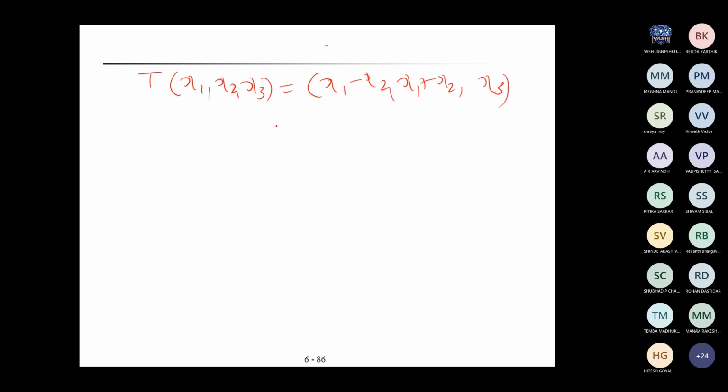But here my transformation is: x1, x2, x3 goes to the same x1, x2, x3. So it's called identity. What do you mean by identity mapping? Each element goes to itself. Then we call that mapping the identity mapping. It's a specific case.